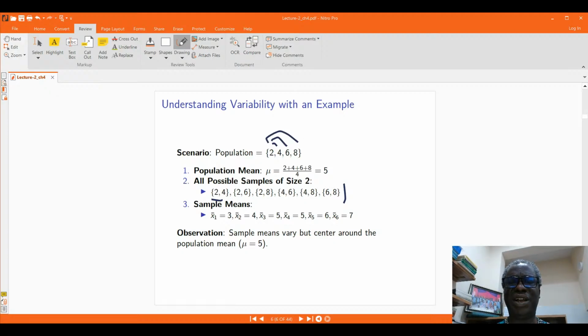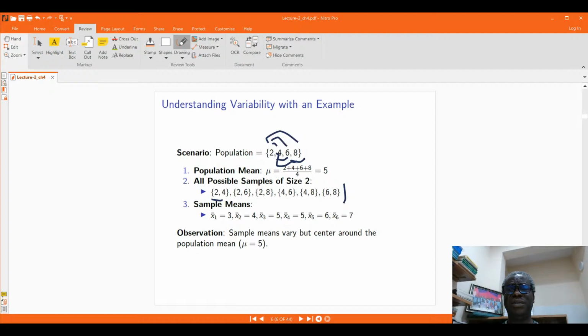Then you can also have 4 6, 4 8. Then you can also have 6 8. So these are all possible samples that can be drawn. How many possible samples in this case? We have exactly 6.